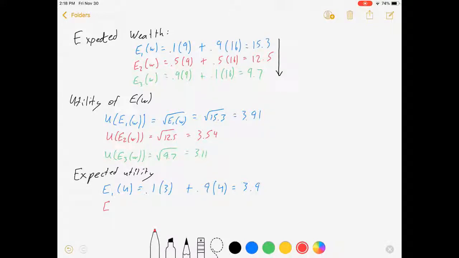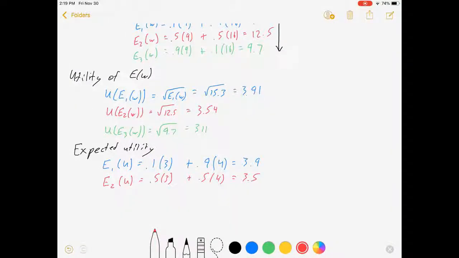My expected utility under the second distribution is 0.5 times 3 plus 0.5 times 4, which is 3.5. And my expected utility under the third distribution is 0.9 times 3 plus 0.1 times 4, and that comes out to be 3.1.